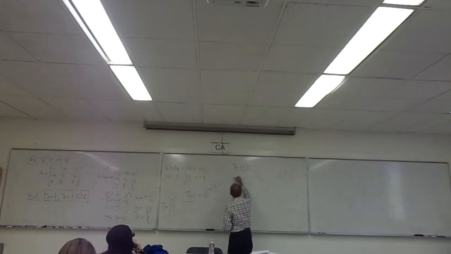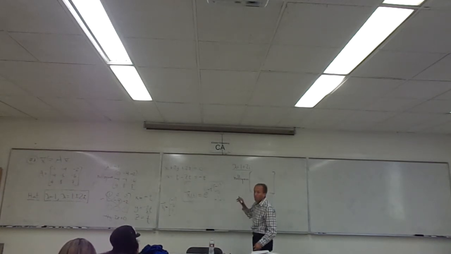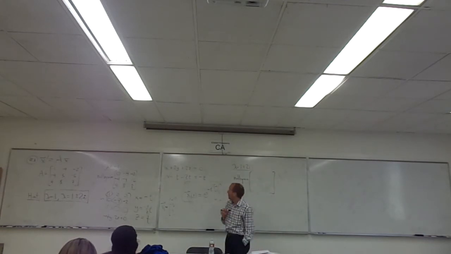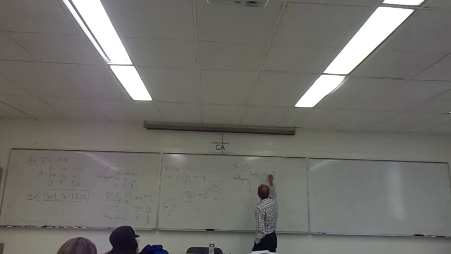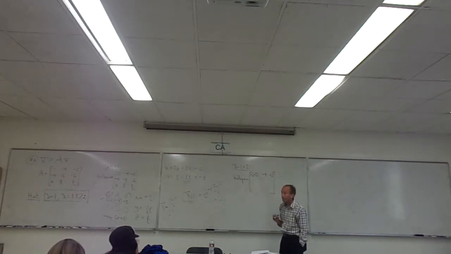Okay, so now the challenge here is coming up with the corresponding eigenvectors. So I have to take the null space of the matrix that I get from subtracting that from the main diagonal of the matrix. So I have -1, and I'm subtracting 1 plus 2i, so that's going to give me -2 minus 2i. And then I still have a -4 and a -2 there.